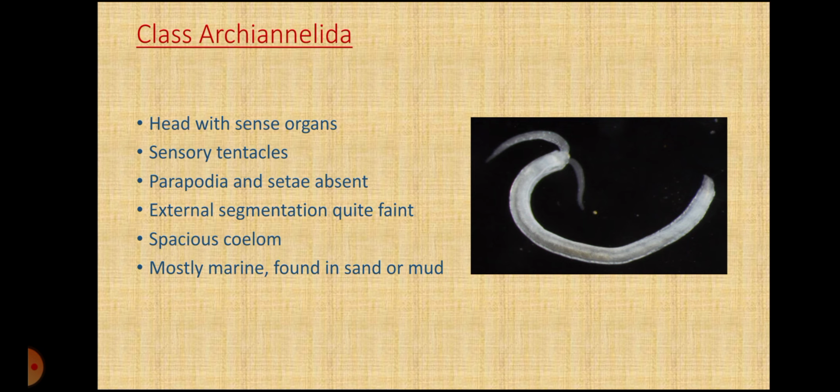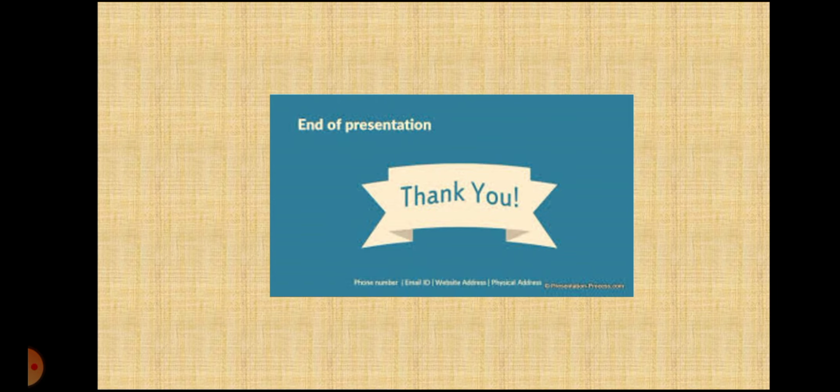There is a spacious coelom in their body. Most of the forms of the Archiannelida are marine, found in sand or mud. The example is Polygordius. Thank you.